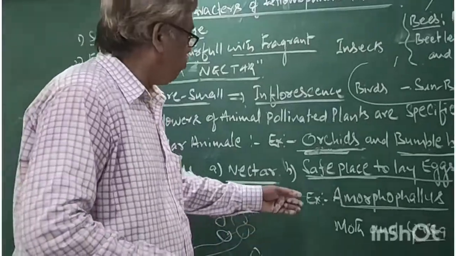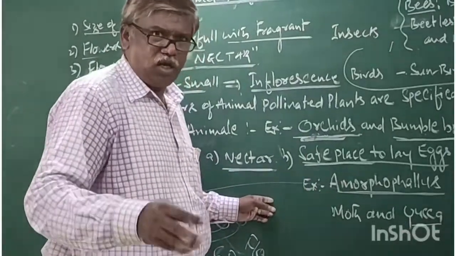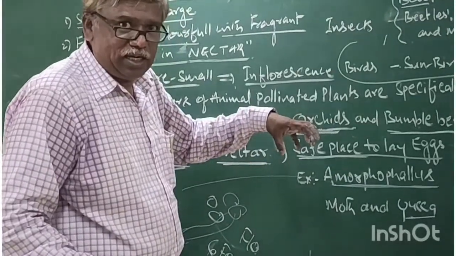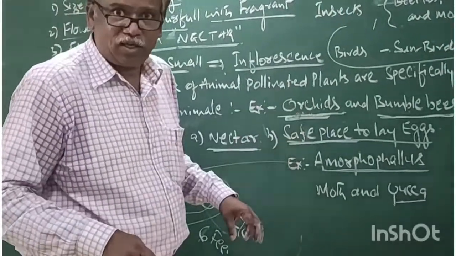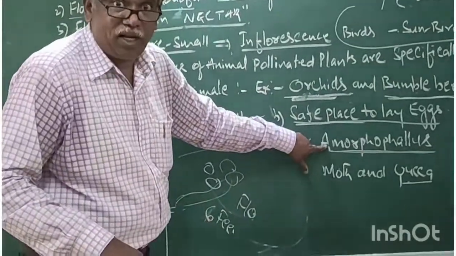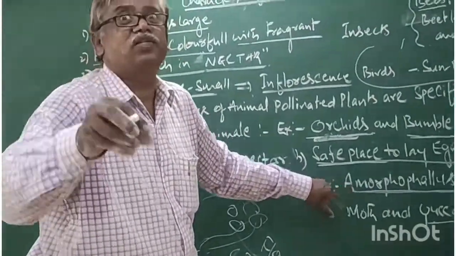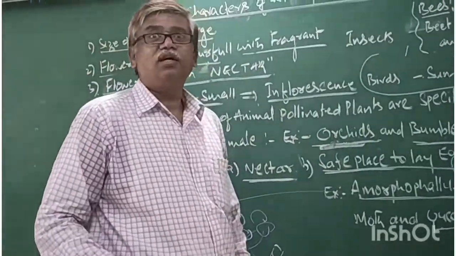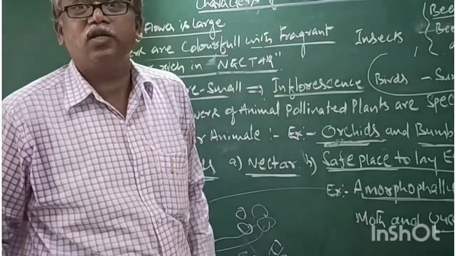The flower of Amorphophallus is a safe place for eggs. That means the insects visit Amorphophallus for laying eggs. In this interaction, the plant undergoes pollination.